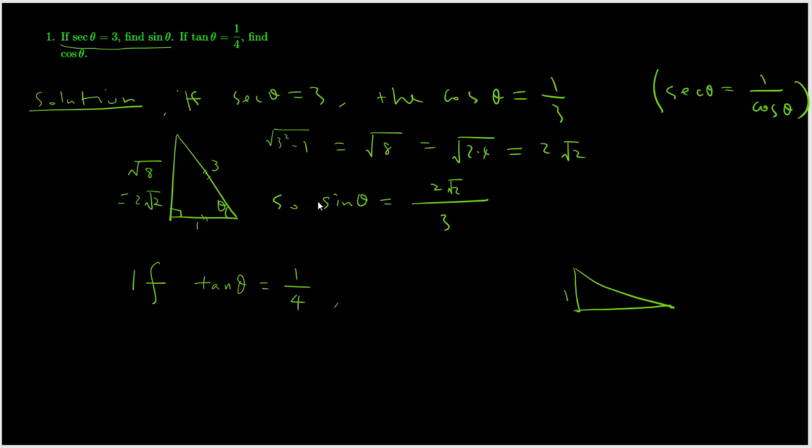Because tan is opposite over adjacent, you make the opposite 1 and the adjacent 4, and then you get the hypotenuse. The hypotenuse is the square root of 17, coming from 4 squared plus 1 squared. That's the angle theta.